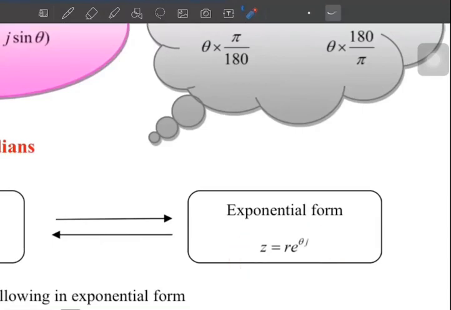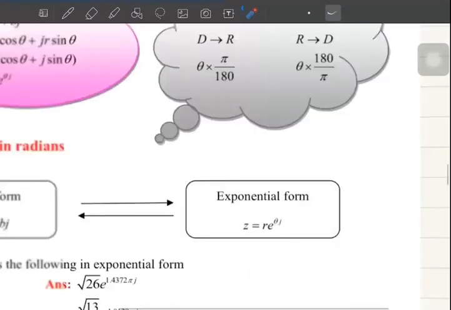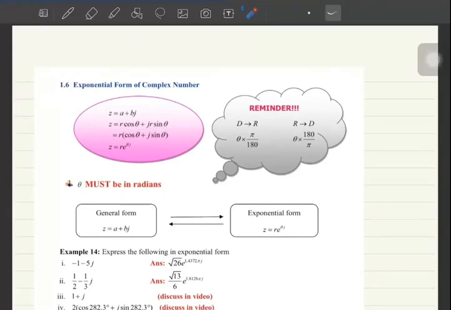Z is equals to R exponent theta J. Kalau dalam polar form, your theta can be in degree or radian. But in exponential form, your theta must be in radian. Okay, so you need to know how to convert from degree to radian or from radian to degree.